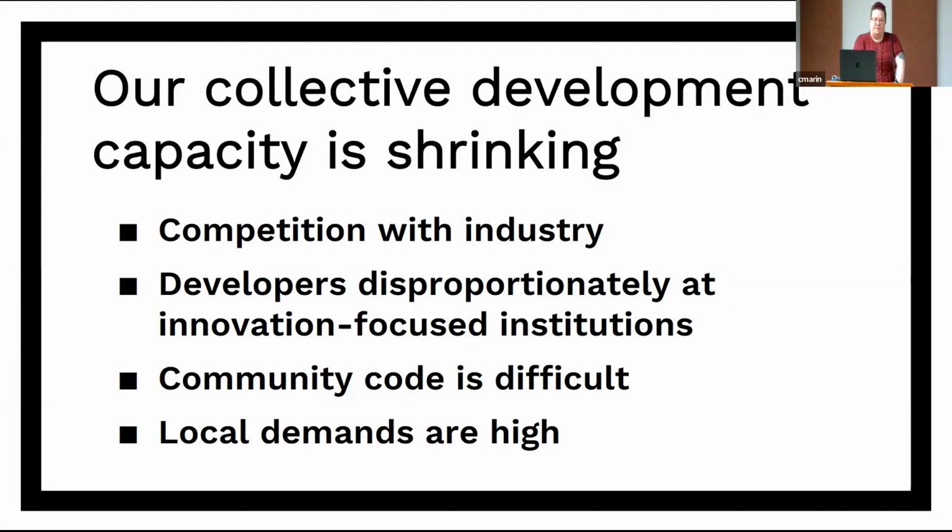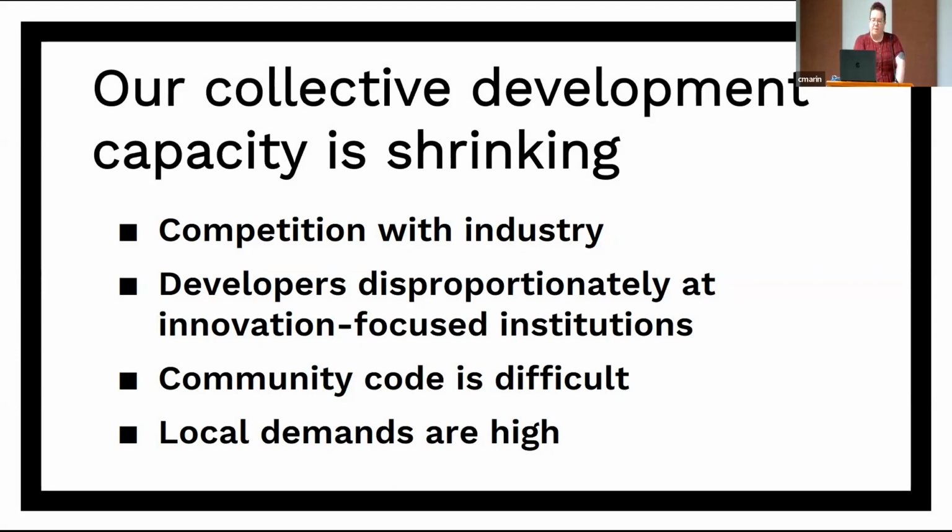So our collective development capacity is shrinking. And by this, I mean we have fewer and fewer individuals at our institutions who can do the work of creating and maintaining software code. This work is highly skilled, it's highly paid, and we're competing with industry.